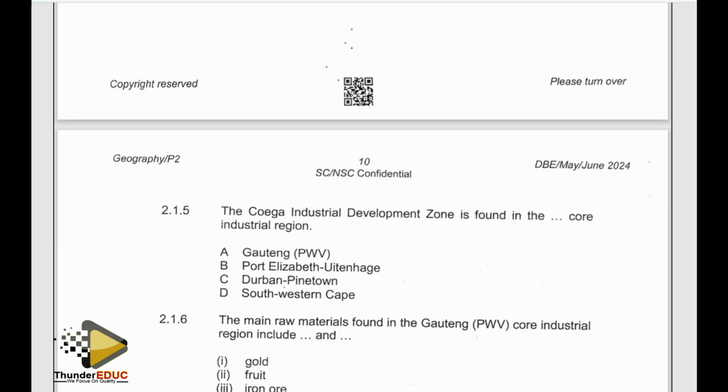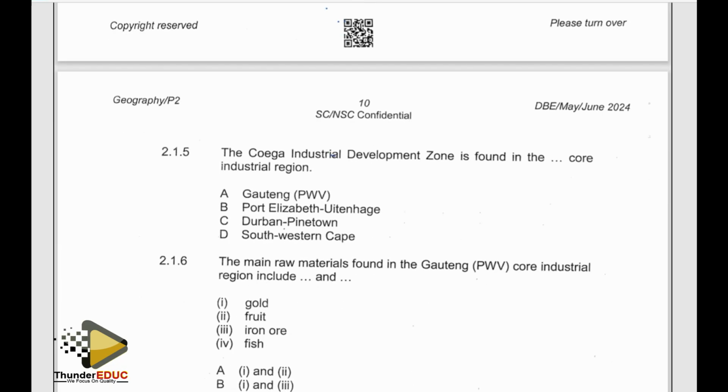Then 2.1.5, we're looking at the Coega Industrial Development Zone, the IDZ. I think we also need to check on the IDZ and the SDI. The IDZ and the SDI are two different concepts that are usually mistaken by the learners.